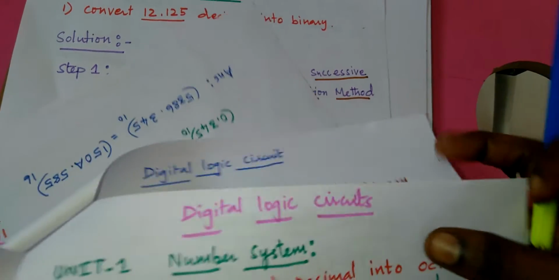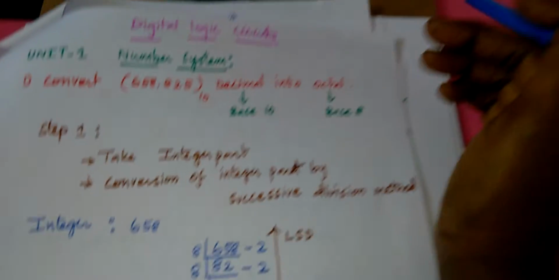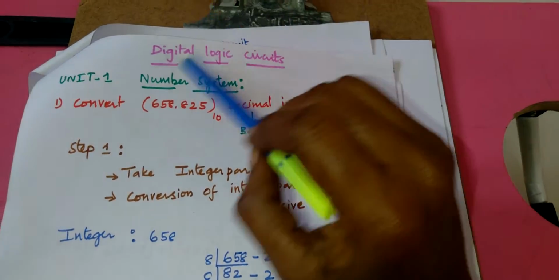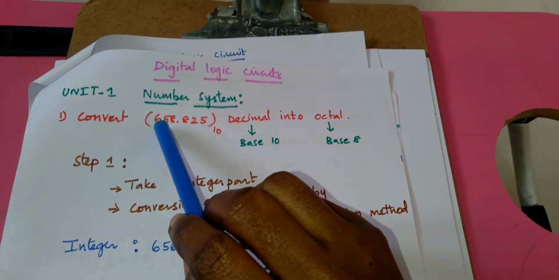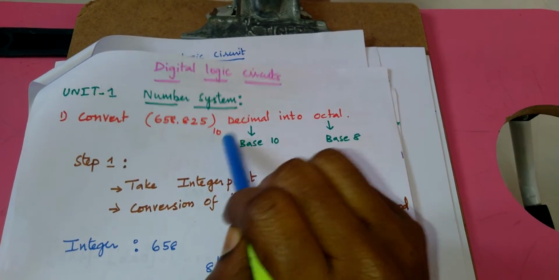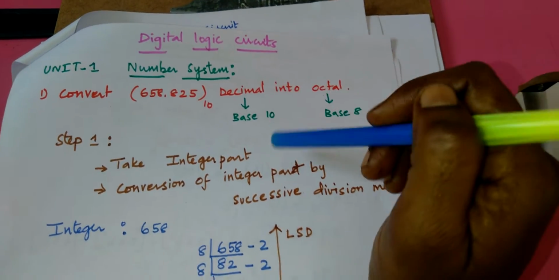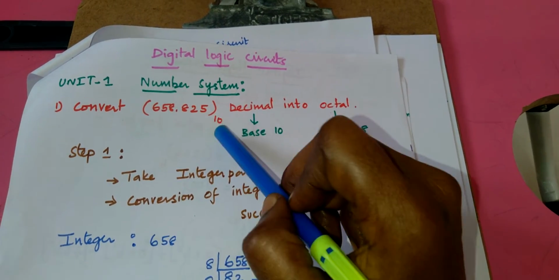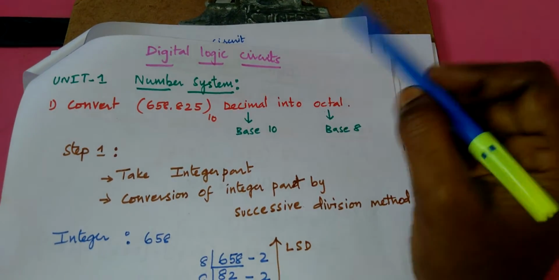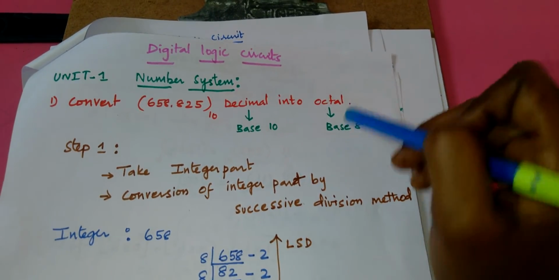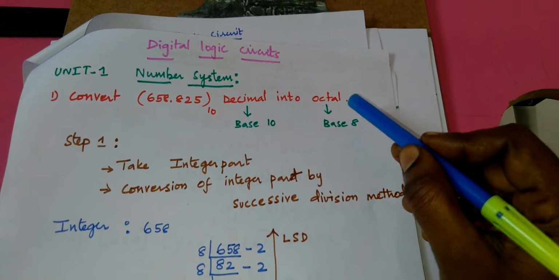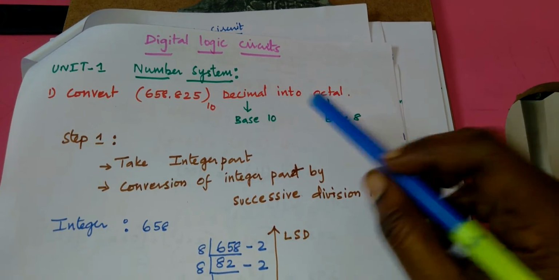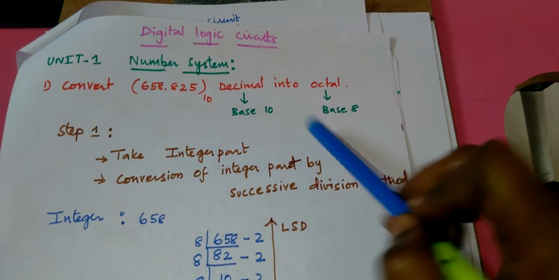And the next important question is convert 658.825 decimal number into octal number. Here also an integer part and a fractional part are given, but decimal to octal conversion has to be done, octal having the base value of 8 and decimal having the base value of 10.